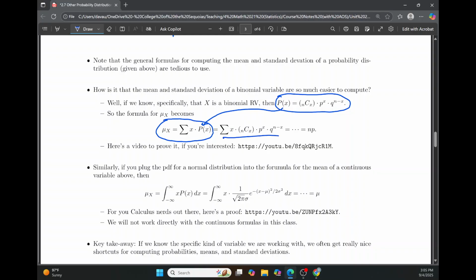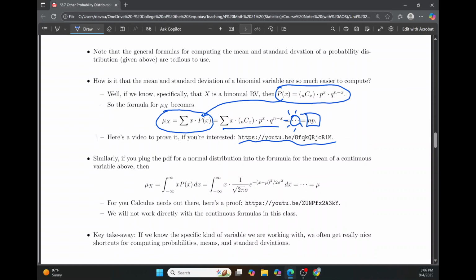Then after a lot of algebra and simplifying, you end up with just n times p. And if you want a proof, you're welcome to watch that YouTube video to take you through all the steps. But it's really nice, because it makes it much easier to calculate the mean since we've done all of this simplification ahead of time.